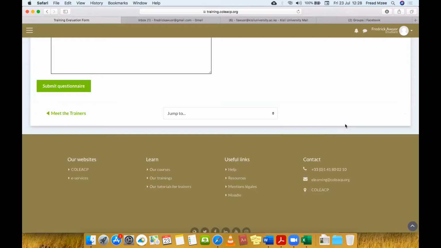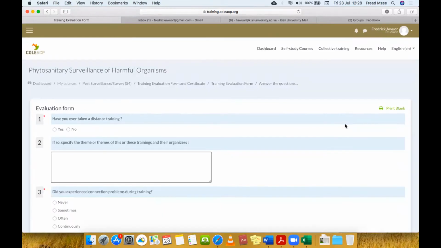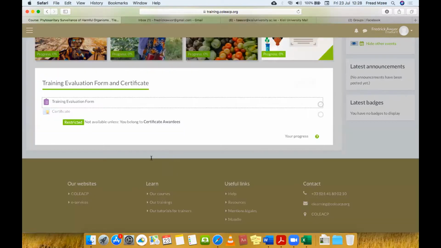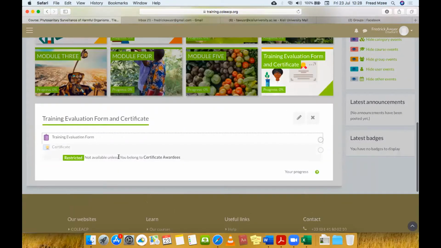Then when you click submit, and you have finished all your assignments, the certificate gets ready. Let's say the certificate will be ready by tomorrow. So you finish up this, then tomorrow we can finish up your assignment and you get to access your certificate. When you come here, you will get this button here, Certificate. It's restricted. When you click this, you will get a certificate.